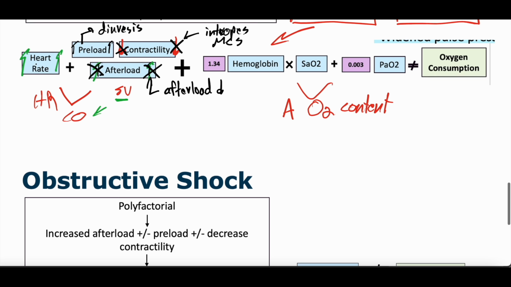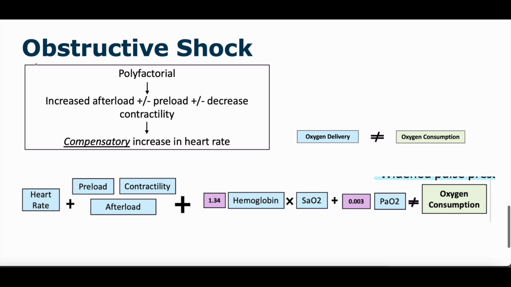Last but not least, obstructive shock. So obstructive shock is very polyfactorial. Fun word that I wrote. So the causes of obstructive shock are anything that causes obstruction to forward flow. So the big thing is a pulmonary embolism.